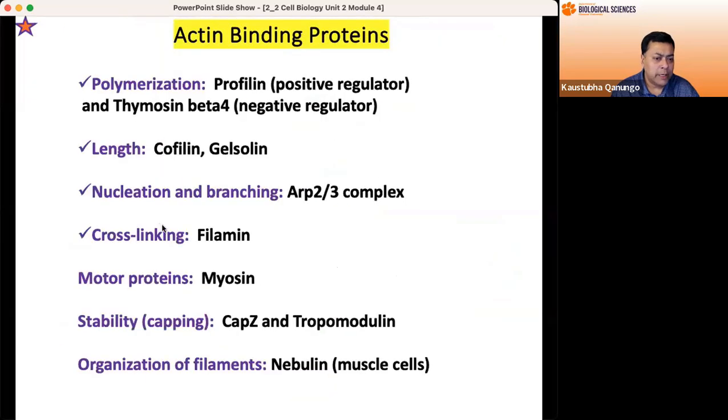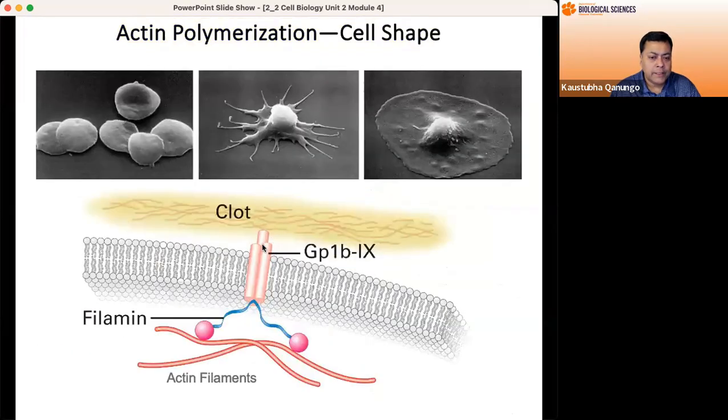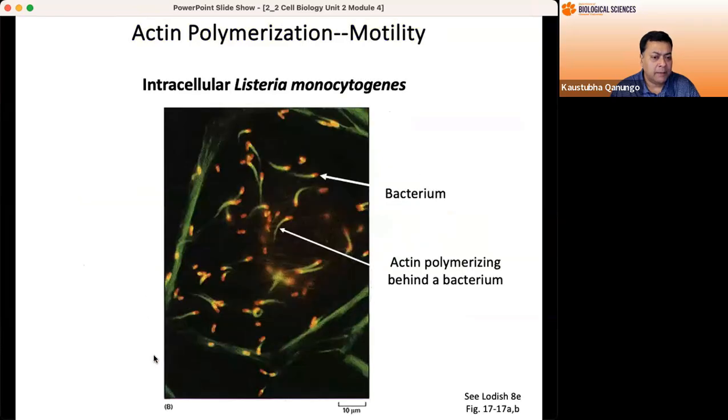So here, the GP1B9 transmembrane protein is interacting with the clot, and underneath the clot the platelet is basically spreading out to block that. The filamin interacts with the actin filament. So definitely, filamin is the one which cross-links. Cross-linking protein, underline that, filamin.